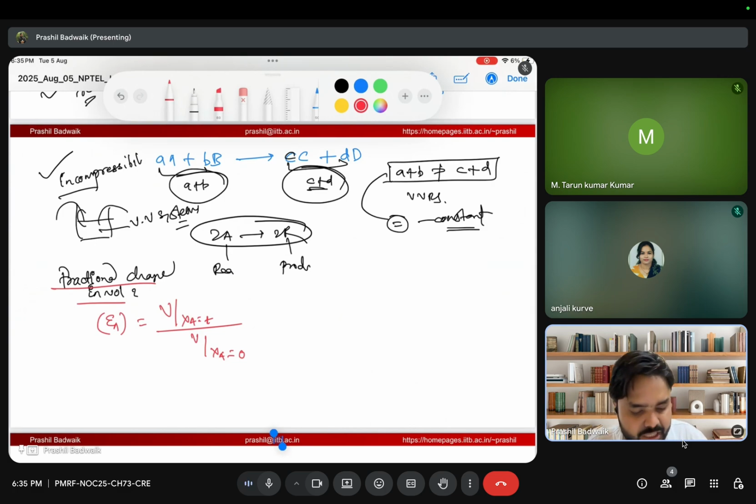So conversion is 100% ideally. Conversion XA is equal to 1 minus volume at conversion equal to 0.